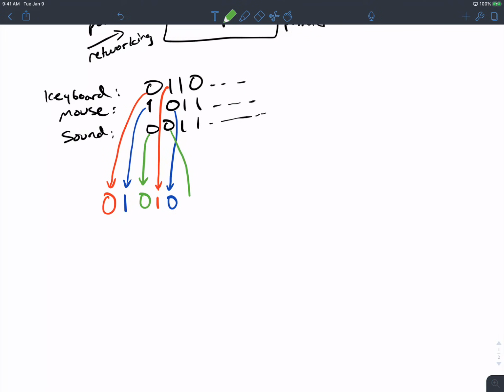And then the second bit of the third input goes here. So what we're doing here is interleaving the inputs together. If I wanted to know what the first bit of the sound input is, I just ask for the third bit in the input. So all we're really doing is interleaving the inputs together.